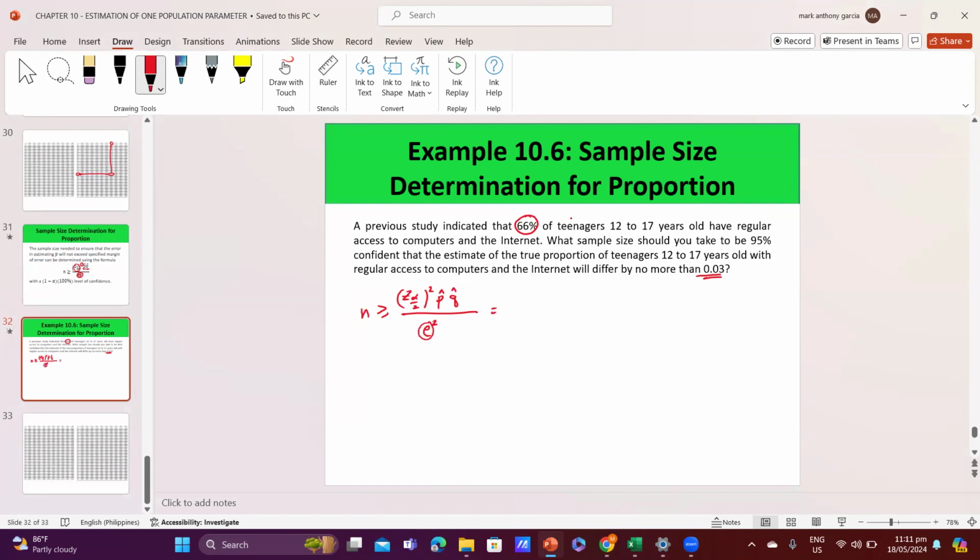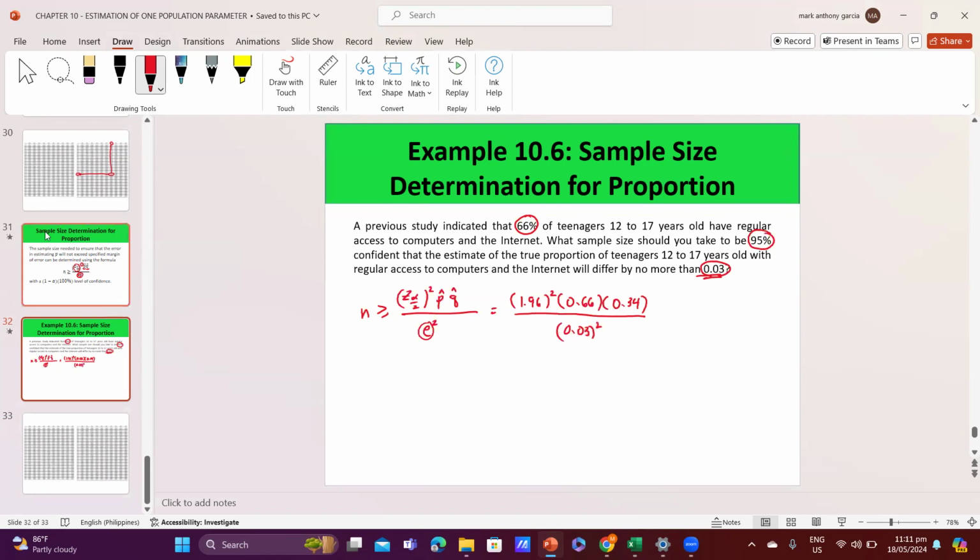So this gives us, since our confidence level is 95%, from our computation in example 10.5 earlier in this video, we got 1.96 quantity squared, and our p hat is 0.66, and our q hat is 1 minus 0.66, which is 0.34. Now the desired margin of error is 0.03, and then we also square it.